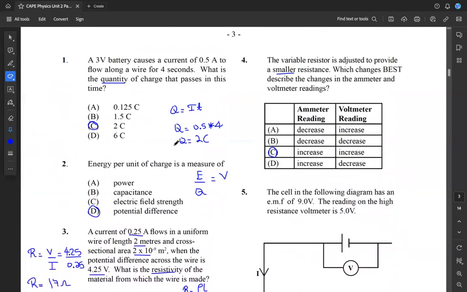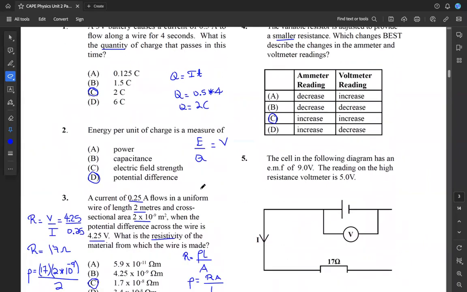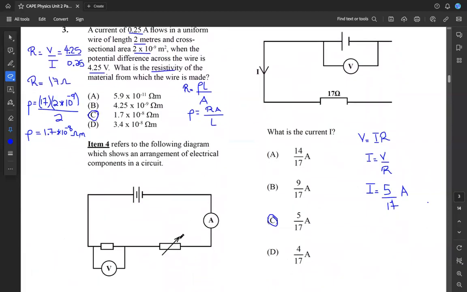So the question is that the variable resistor is adjusted to provide a smaller resistance. So we are adjusting this variable resistor to provide a smaller resistance. It's adjusted so that we have a small resistance there.